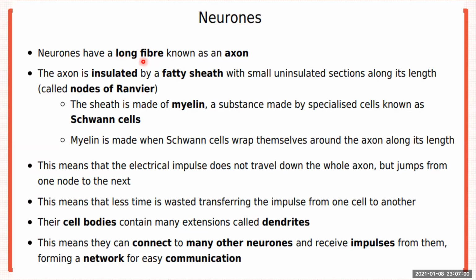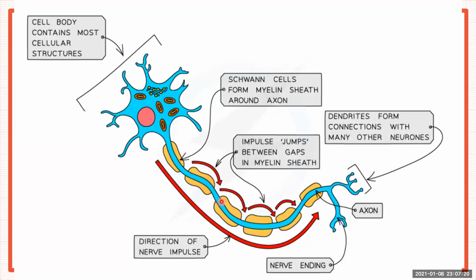So neurons have a long fiber known as the axon, which is insulated by a fatty sheath with small uninsulated sections along its length called the nodes of Ranvier, right? We'll just have a look at the picture. See, this whole thing is a neuron. Here what you see is a cell body, and this part here that you're seeing is the axon.